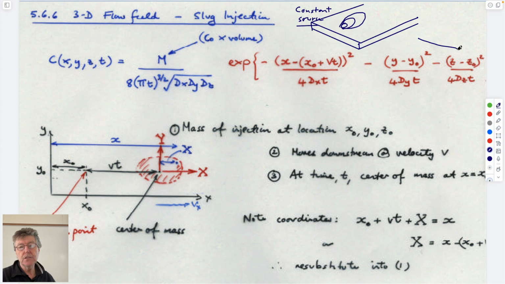I suppose alternatively you can put an injection of some fluid in the subsurface that then gets washed downstream.